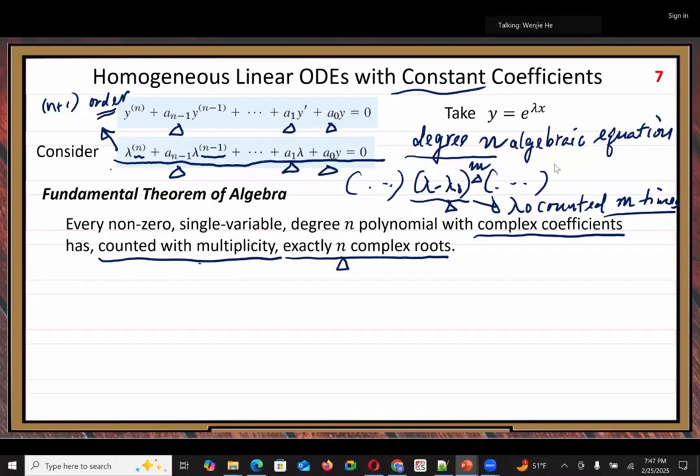Now we use the fundamental theorem of algebra to give us the structure of all the roots. There are n roots.